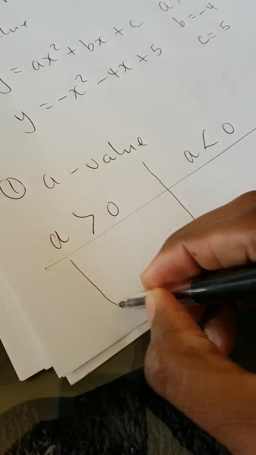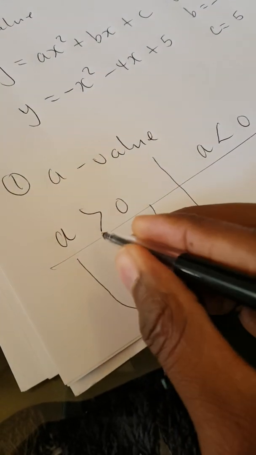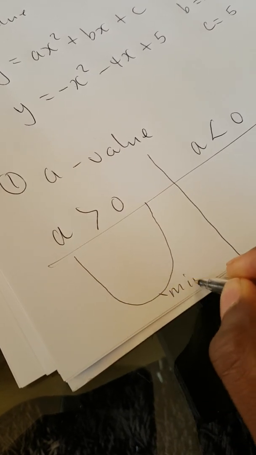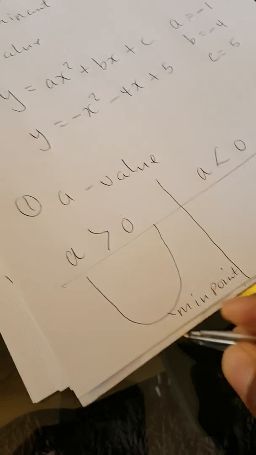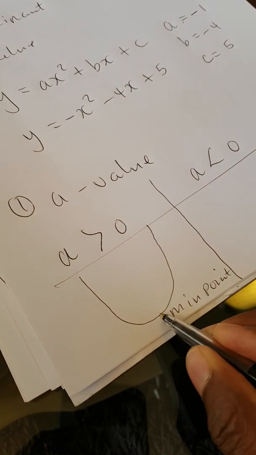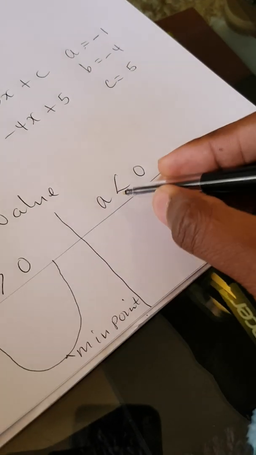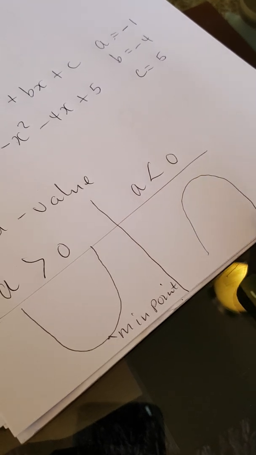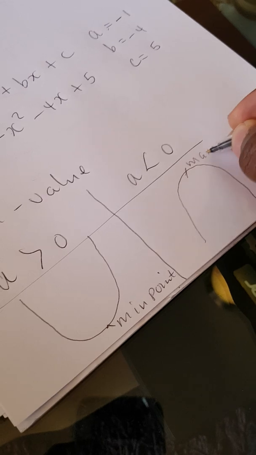The graph will open upwards like this, and we have what we call a minimum point. The minimum point is here at the bottom, at the turning point. But if a is less than 0, we have a maximum point, so your graph will be like this. This one is your maximum point.